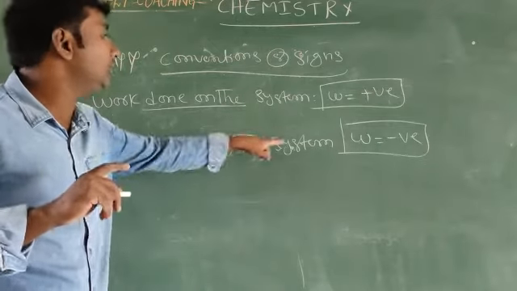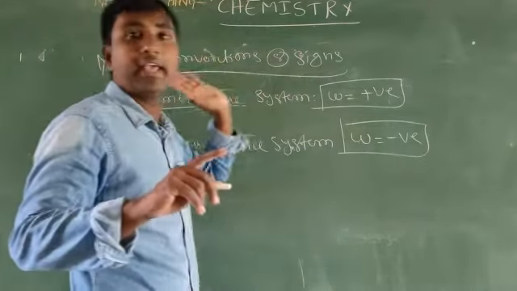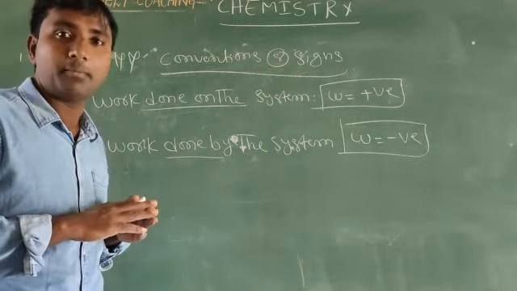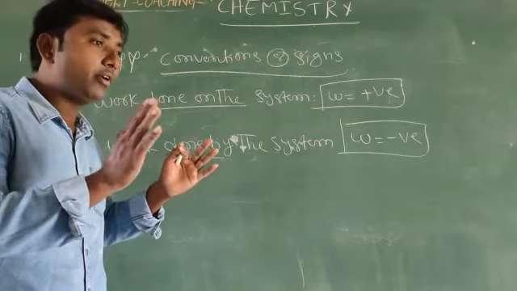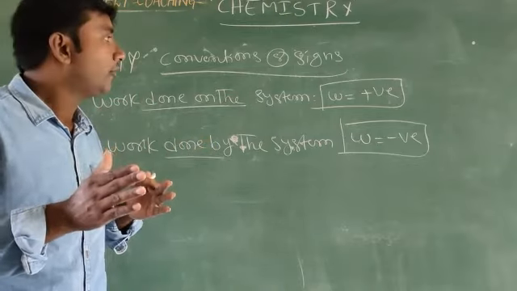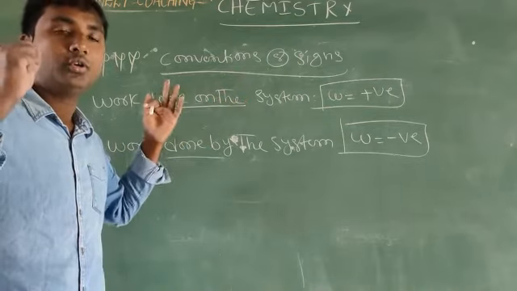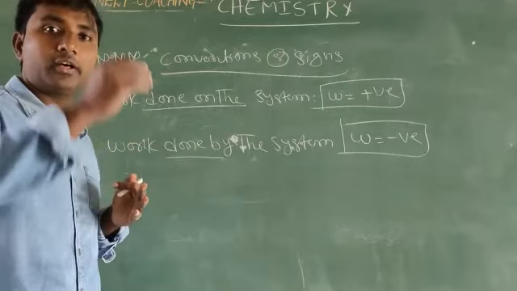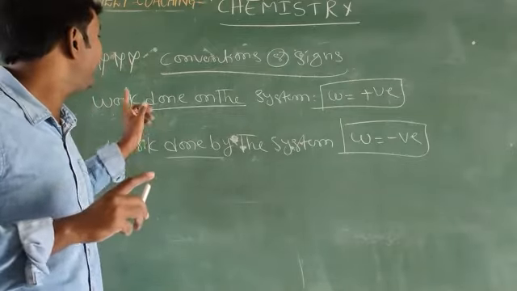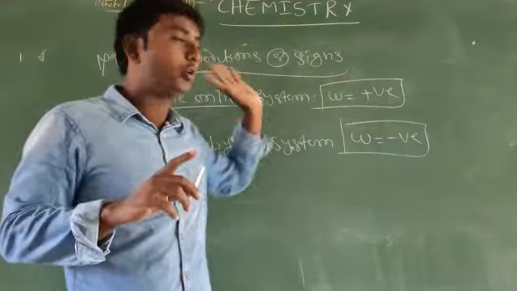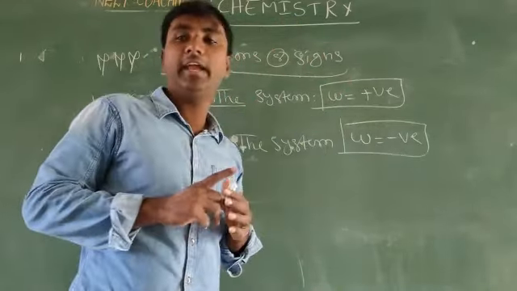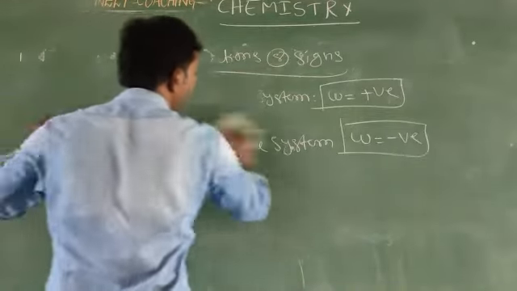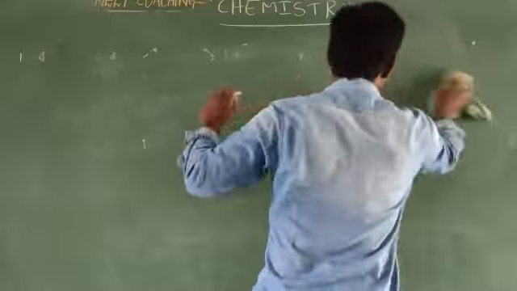Work done by the system means W is negative. In physics it is reverse. That's why in the exam, whenever sums come in physics and chemistry, physics is reverse. Remember carefully, otherwise if you take it reversed, a wrong answer will come. That's why in chemistry, done on the system means positive, done by the system means negative. These are the conventions for work.